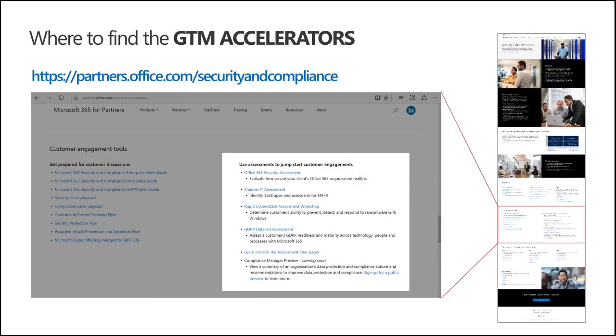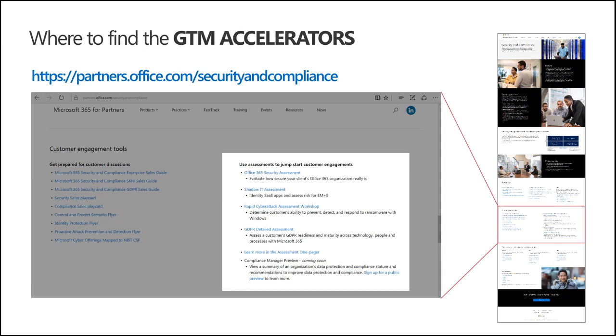So where do you find these? We've talked about all these nice, Microsoft-funded assessments, pre-canned, customizable, and configurable. You find them at the web link here, partners.office.com/security and compliance. Inside of that, you will find links that allow you to download the content of each one of these assessments.